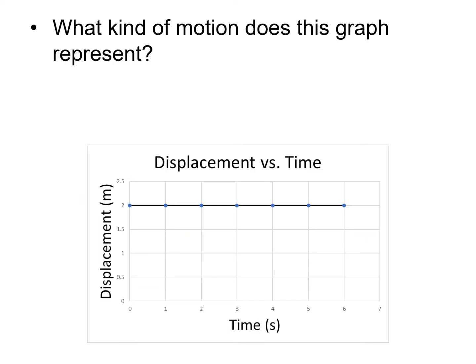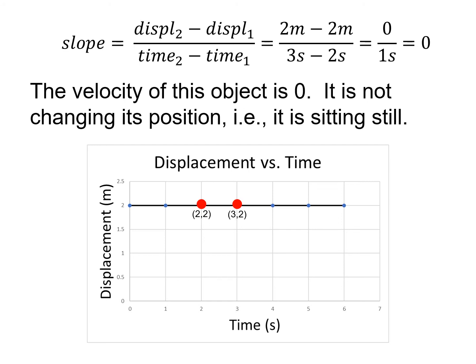So we had a positive slope, gave us 1 meter per second. We had a negative slope, gave us -1 meter per second. What about this graph? What kind of slope does it have? We're going to calculate slope the same way that we did before. We'll designate any 2 points since it's a straight line. And when you get the distances, actually I guess I should say displacements, it would be 2 and 2 both times, 2 meters.